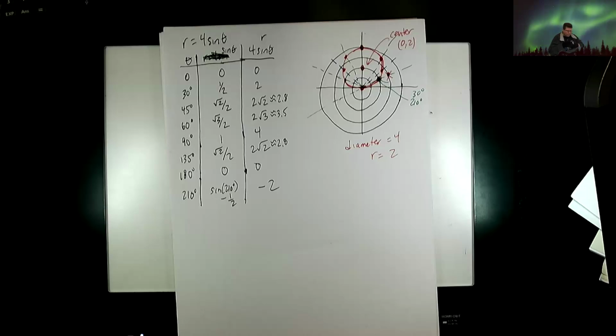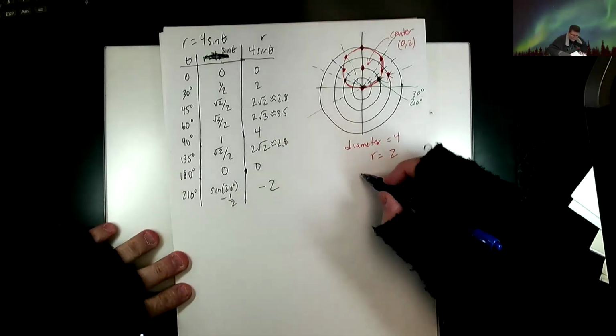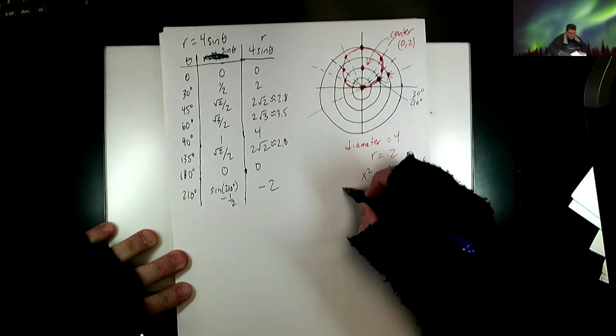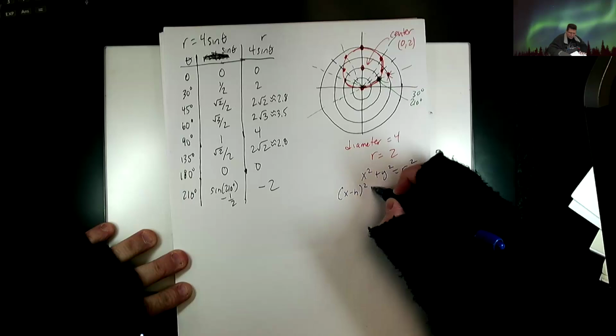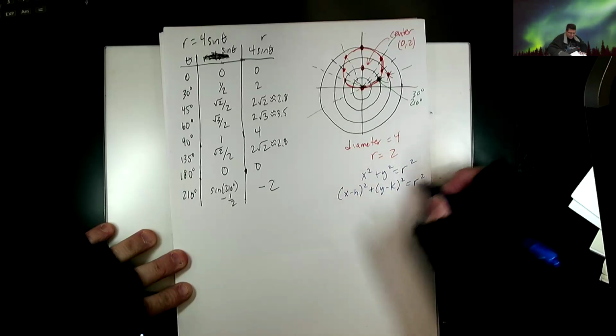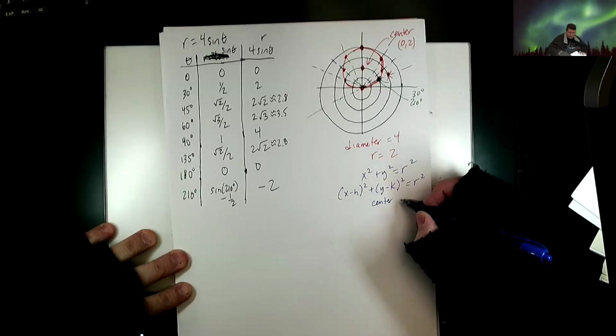When you do a circle, remember, x squared plus y squared equals r squared is centered at the origin. (x minus h) squared plus (y minus k) squared equals r squared is centered at (h, k).